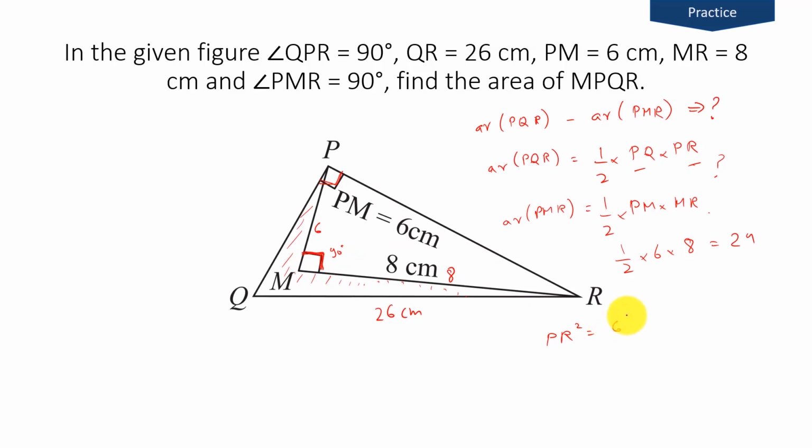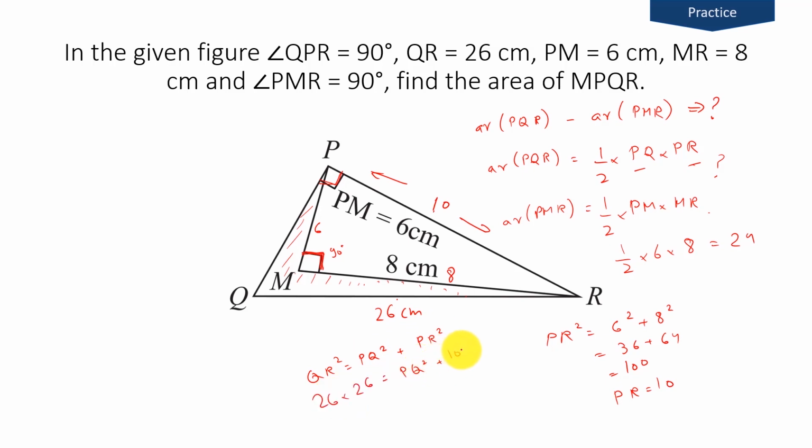PR square is equal to 6 square plus 8 square. So this comes out to be 100. PR is equal to 10. Now triangle PQR is also a right angle triangle. So PQ can be found out using the same Pythagoras theorem. QR square is equal to PQ square plus PR square.